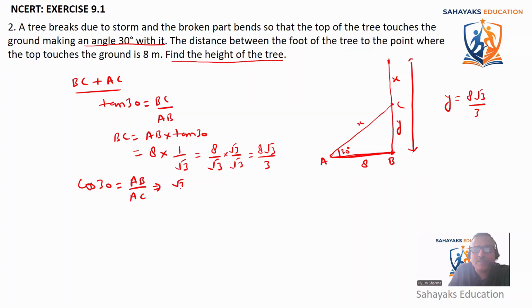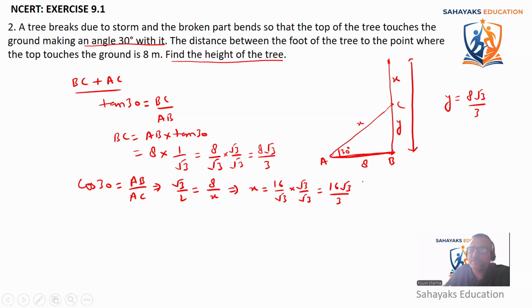So root 3 by 2 is equal to AB, which is 8, divided by X. So this implies that X is equal to 16 divided by root 3. Again, we'll rationalize the denominator by multiplying by root 3 by root 3. So it comes as 16 root 3 divided by 3.